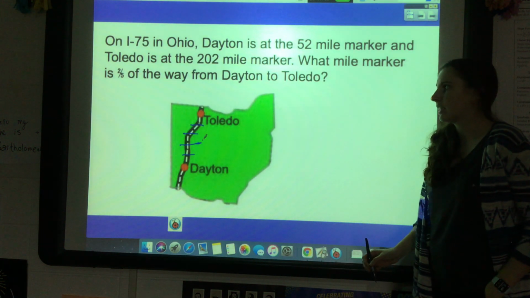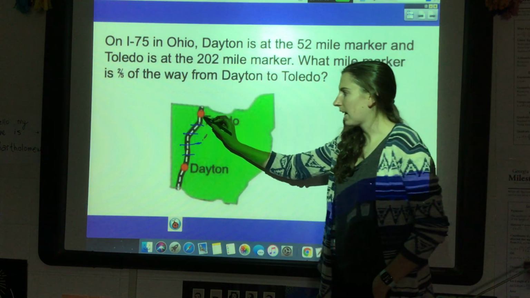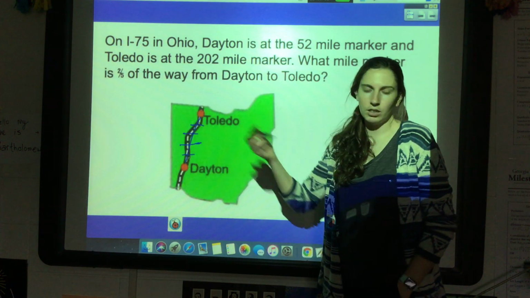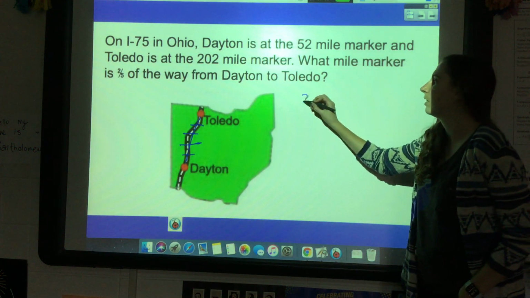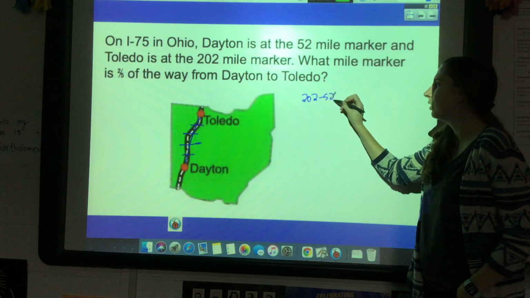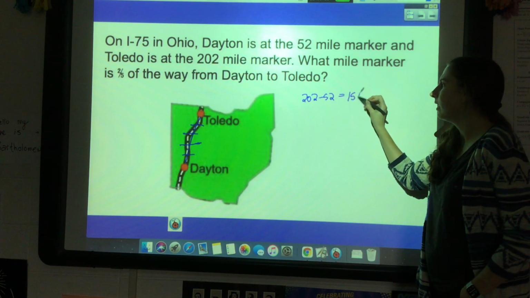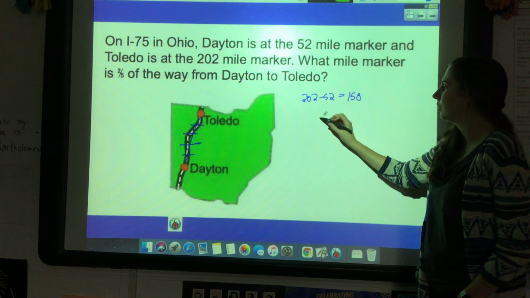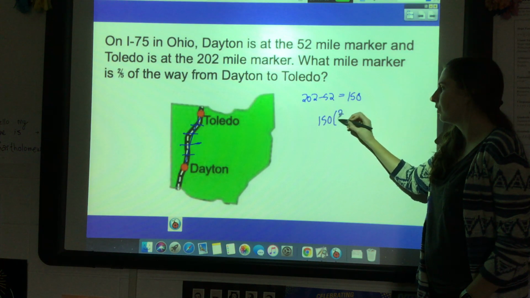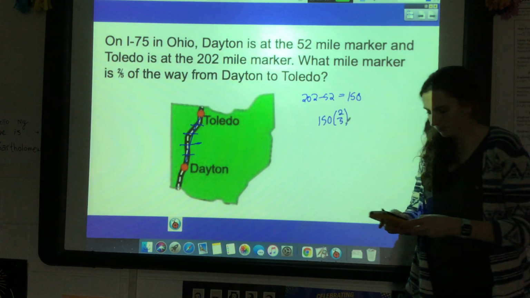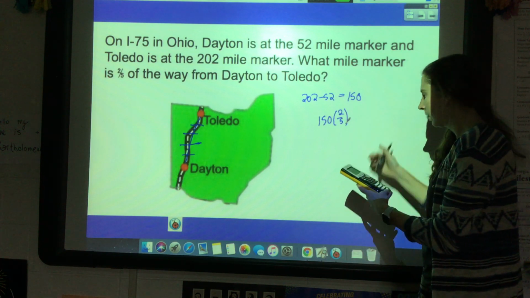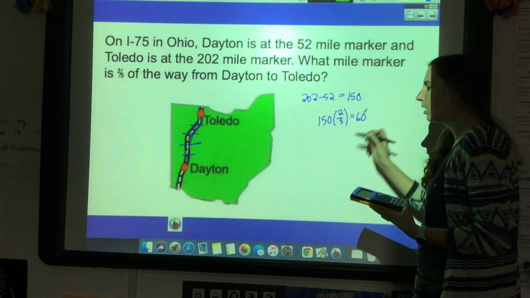So one way to figure this out would be to figure out the entire length and then take 2/5 of it. So the entire length would be 202 minus 52, which is 150, and then do 150 times 2/5, and we would get 60.